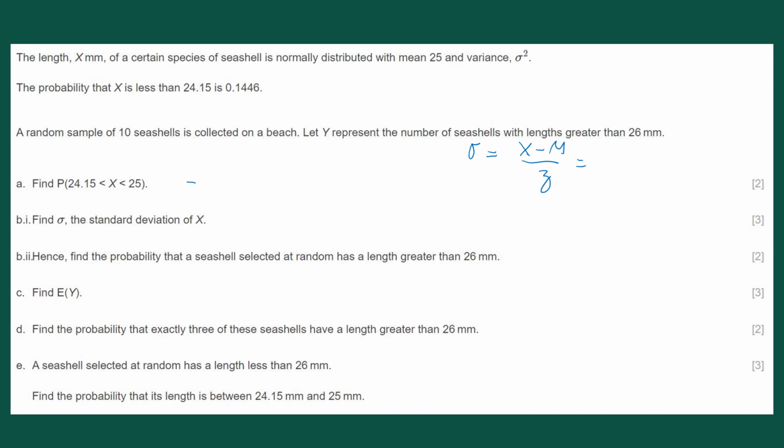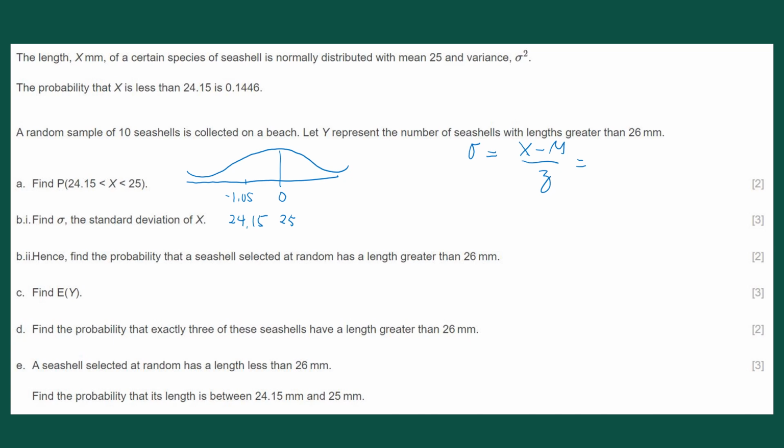Okay, by the way, let us try to visualize the problem where this is 0 or 25, and we have here this is negative 1.05, the equivalent of 24.15.